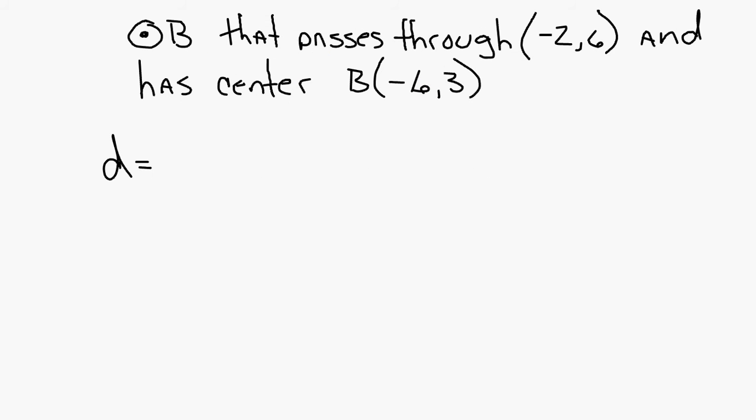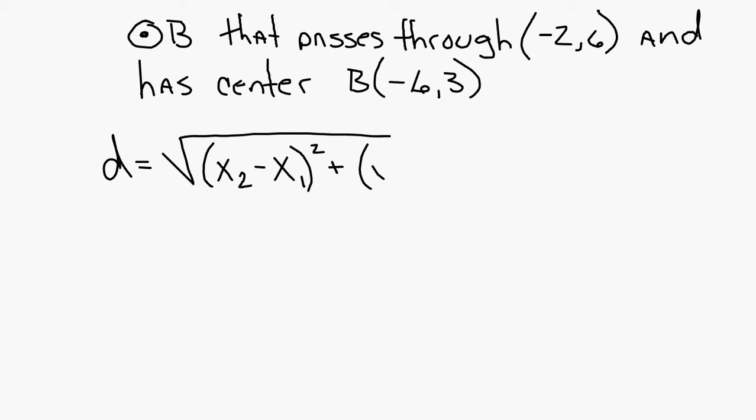Distance between 2 points is equal to the square root of x sub 2 minus x sub 1 squared plus y sub 2 minus y sub 1 squared. So if you're given the center and you're given a point and you need the radius, you can take your coordinates and plug them into the distance formula.